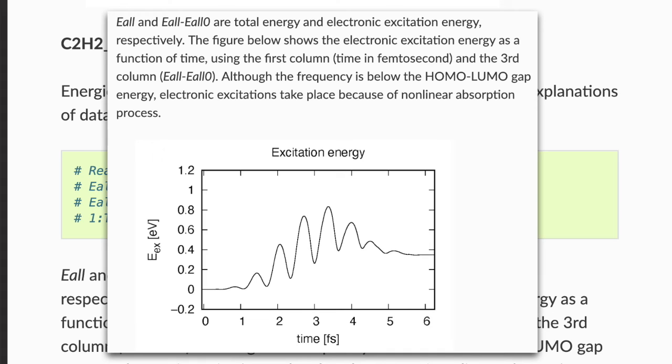The frequency of the electric field is 3.1 eV, which is smaller than the HOMO-LUMO energy gap of the molecule, and no linear optical excitation occurs. However, electronic excitation occurs through a nonlinear process because the electric field is highly strong.